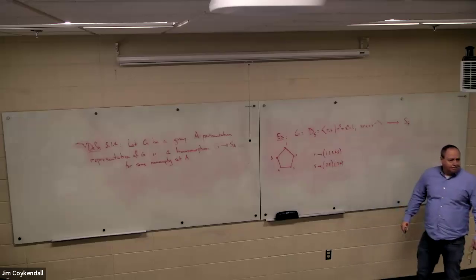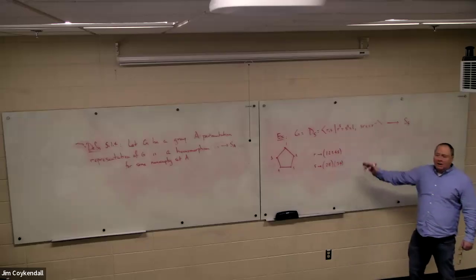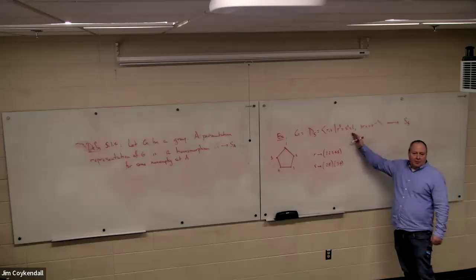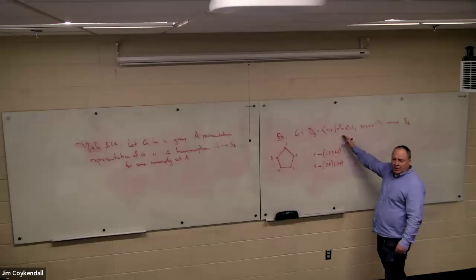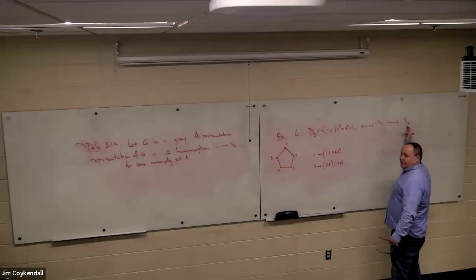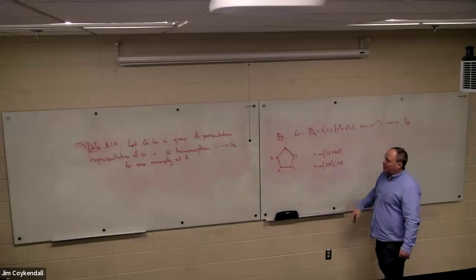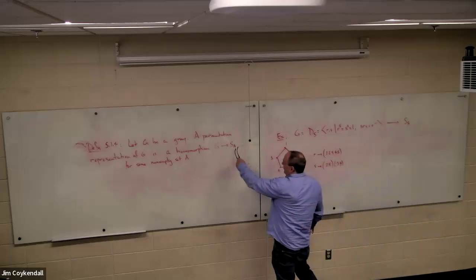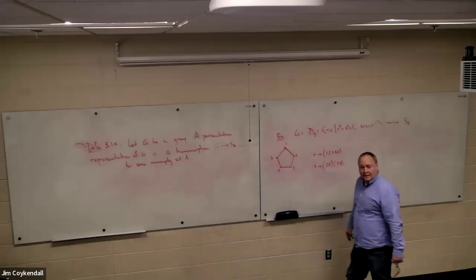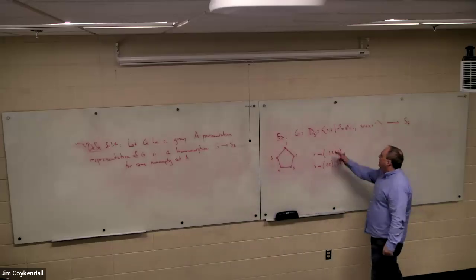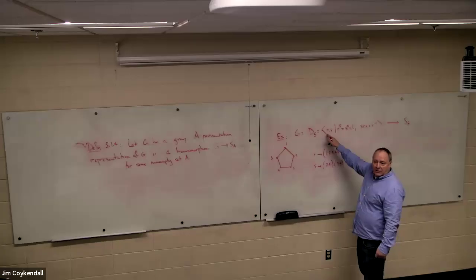Your input, your abstract group, if you will, is this dihedral group written this way, and it goes into S5, which is a permutation group on, in this case, your set A, which is just the set 1, 2, 3, 4, 5.